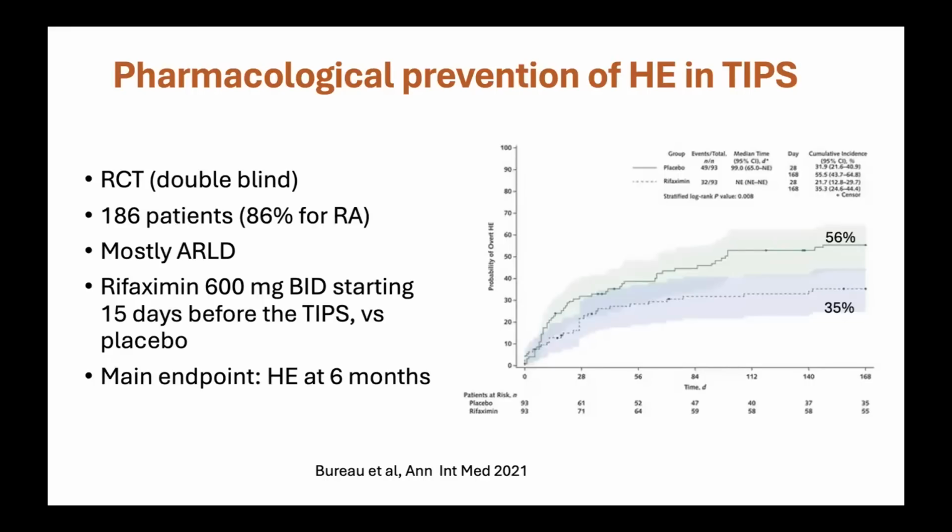The main endpoint was hepatic encephalopathy at 6 months, and the rate of hepatic encephalopathy was almost halved with rifaximin. It's difficult to get rifaximin for these patients because it's an expensive drug, at least in North America, not that expensive in Europe. And so getting it funded as a prophylactic treatment for TIPS might be difficult.